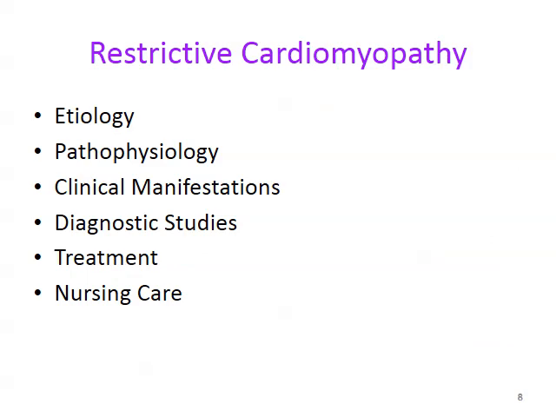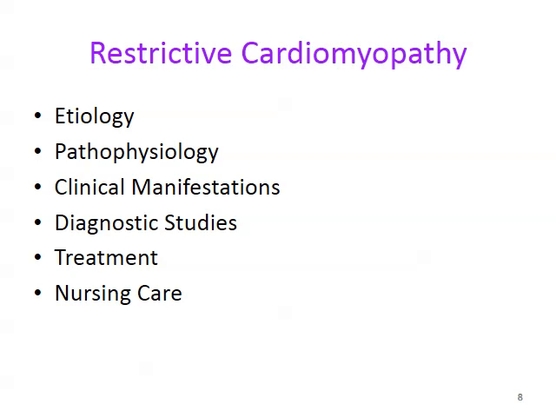The next one we're going to talk about is restrictive cardiomyopathy. Now, the etiology is basically primary, caused by endocardial or myocardial disease, such as sarcoidosis or amyloidosis.